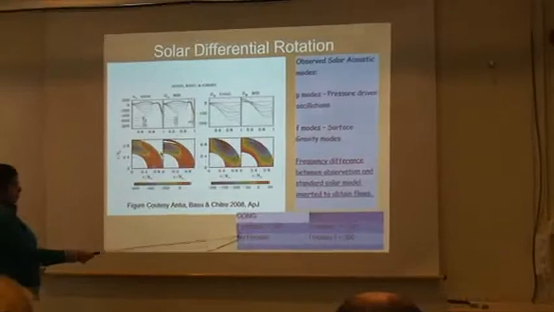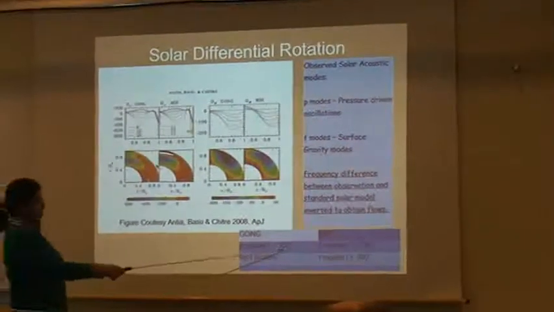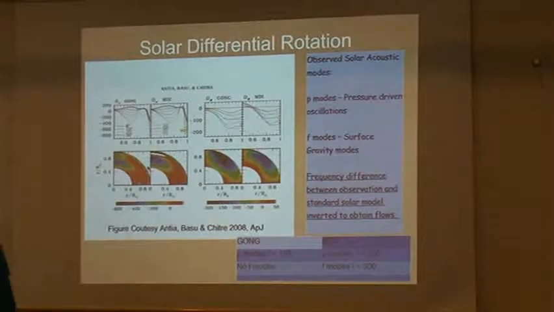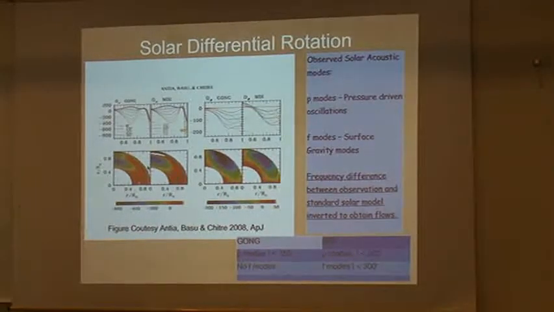In the GONG data you have no F modes, and you have P modes limited to L less than or equal to 150, and in MDI you have P modes up to L less than or equal to 200. With this difference, if you invert the data, we get certain differences in the outer shear layer between the MDI data and the GONG data.